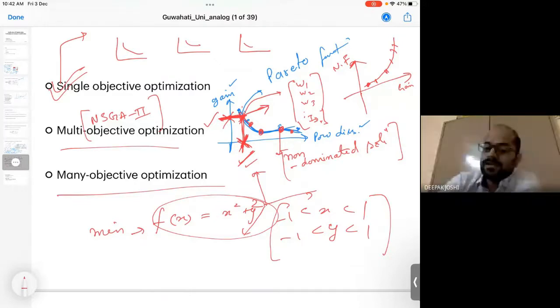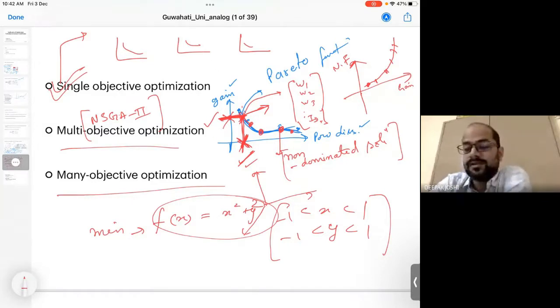Okay, similarly, in many-objective optimization, we go for the hyper volume, and the more dense, the more area is covered under the curve, and it should be more diverse.